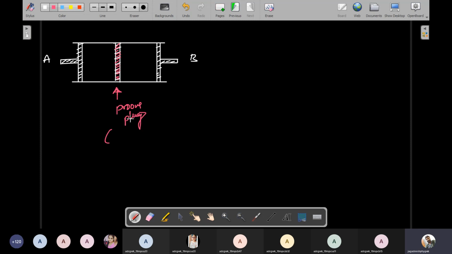Generally this porous plug is manufactured from wool or cotton or thermocol, whatever it may be. Now this is piston A and this is piston B. These are movable frictionless pistons.